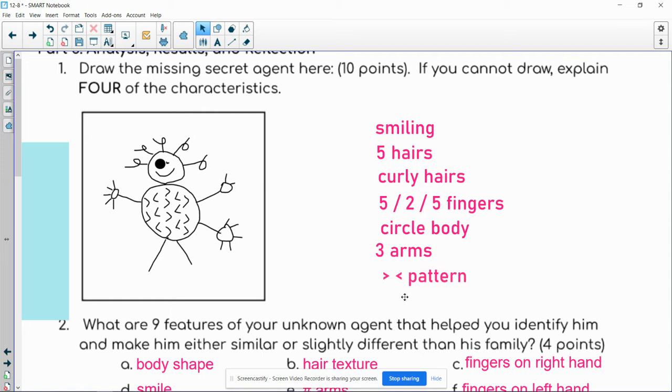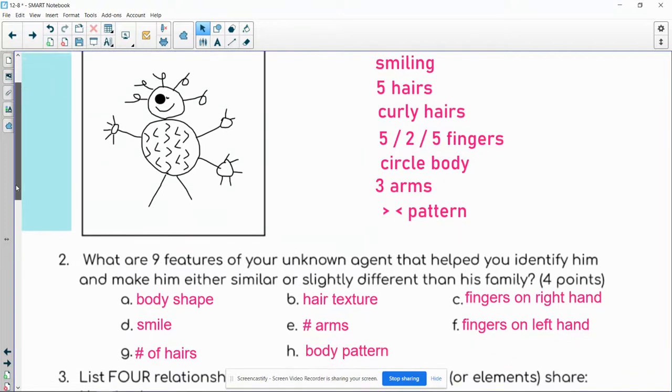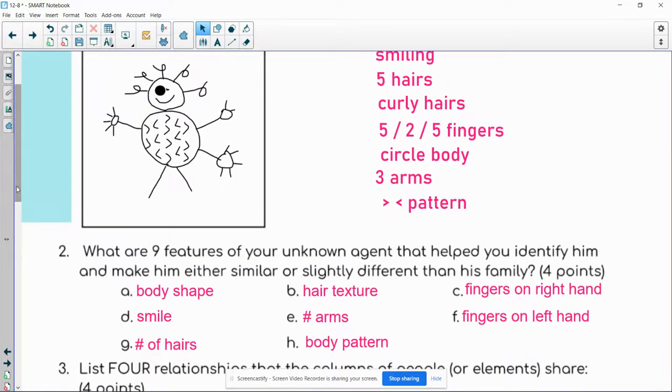Smiling, 5 hairs, curly hair, 5 fingers, 2 fingers, 5 fingers, circle body, 3 arms, in this sideways greater than or less than triangle pattern on the body. And the other questions that people had were, on question 2, what are 9 features that helped you identify the person?